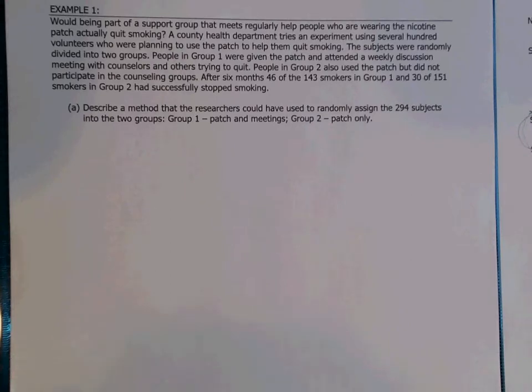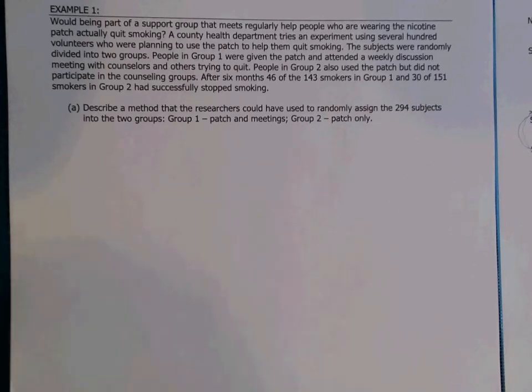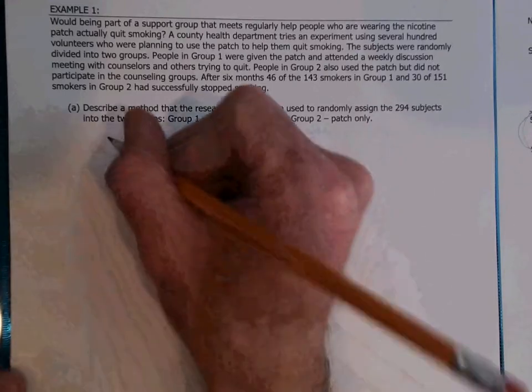Group 2, patch only. So a couple of things to take note of. When answering this question, you should be able to give your answer to two individuals that are not well educated in statistics, and they could do your random assignment. So there are a lot of different methods.